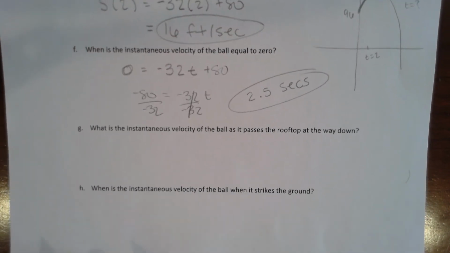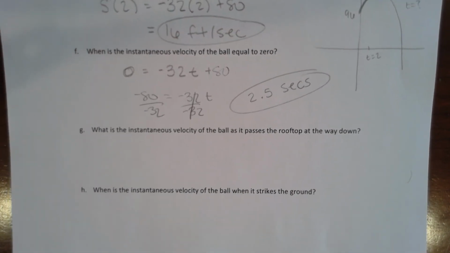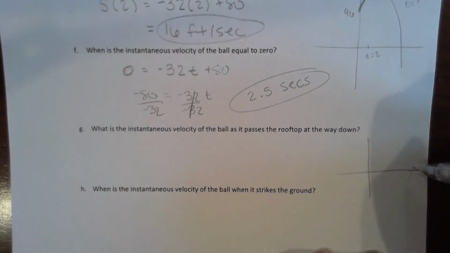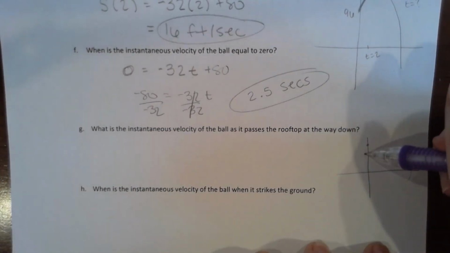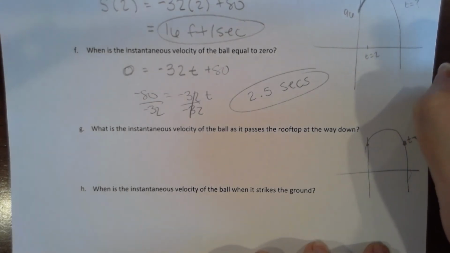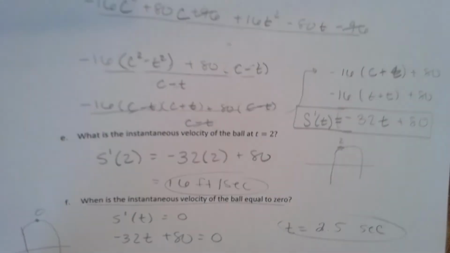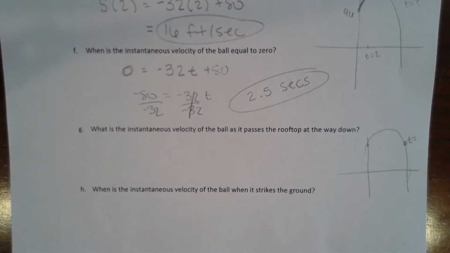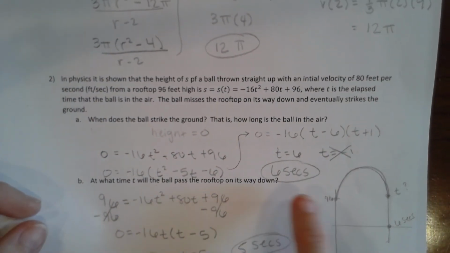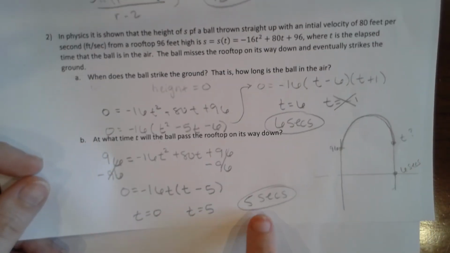Last two questions here. So G. G says, what is the instantaneous velocity of the ball when it passes the rooftop on the way down? So if you remember earlier when we were doing this problem, we said, well, when will it hit this 96 feet? And we solved and we said that it would pass the rooftop on the way down at 5 seconds.